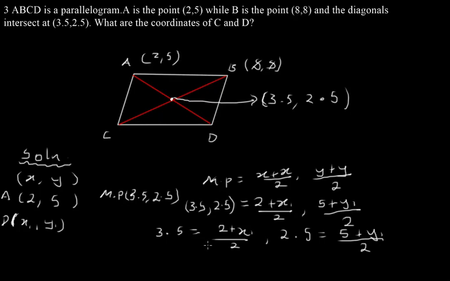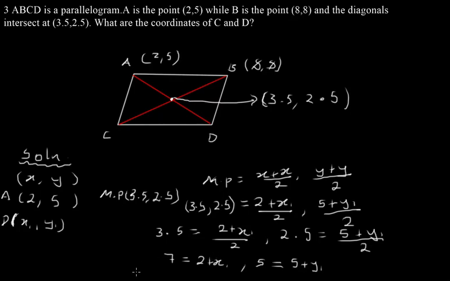So we cross multiply. 2 multiplied by 3.5 gives us 7 equals 2 plus x1, comma, 2.5 by 2 gives us 5 being equal to 5 plus y1. We group the like terms.